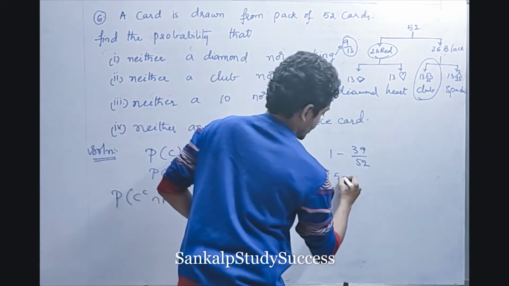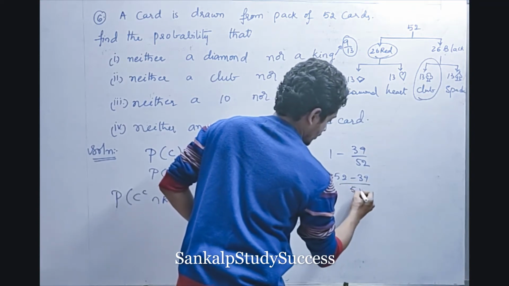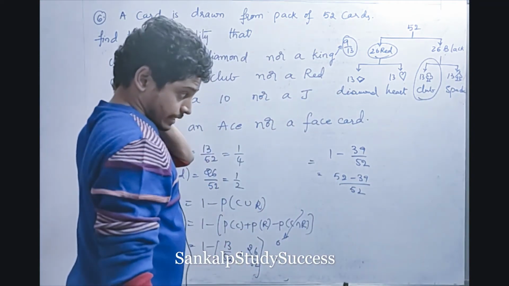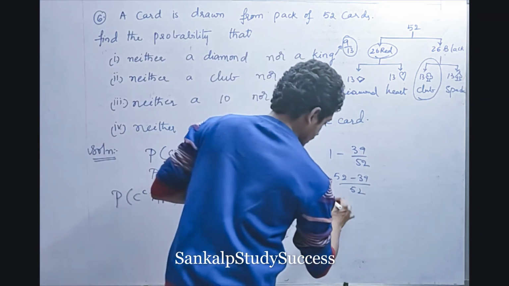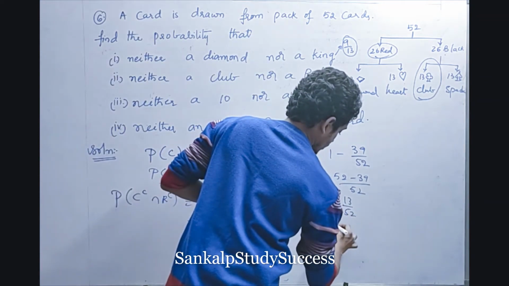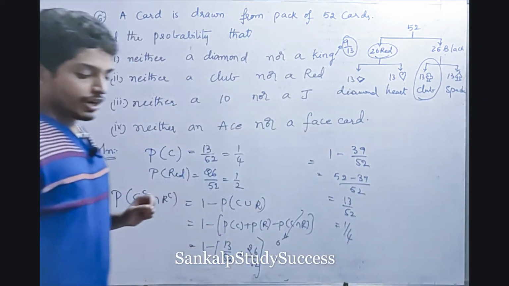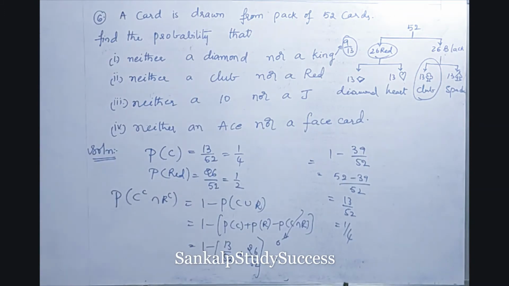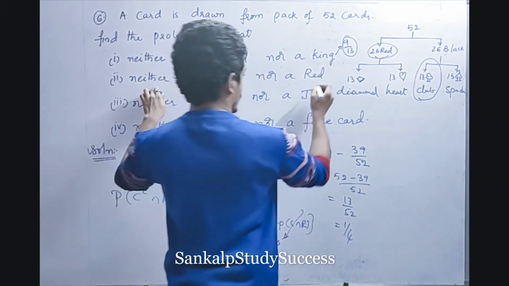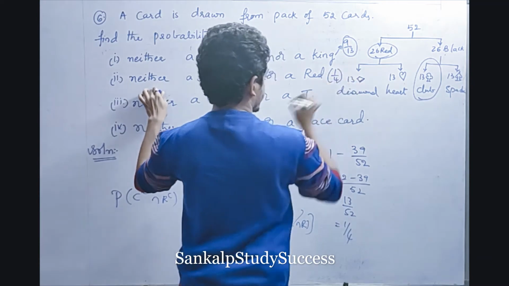So 52 minus 39 divided by 52. What is the difference between 52 and 39, friends? 13. 13 by 52, that is nothing but 1 by 4. So the probability that we got is 13 by 52 or 1 by 4. So neither a club nor a red probability is 1 by 4.